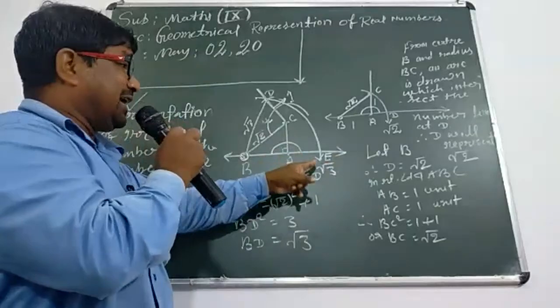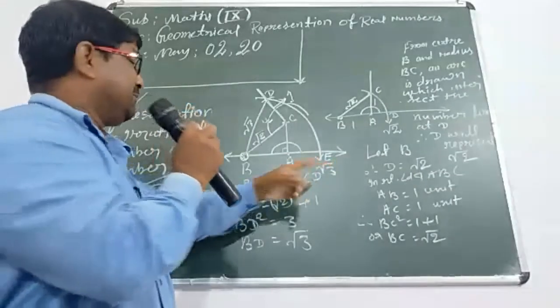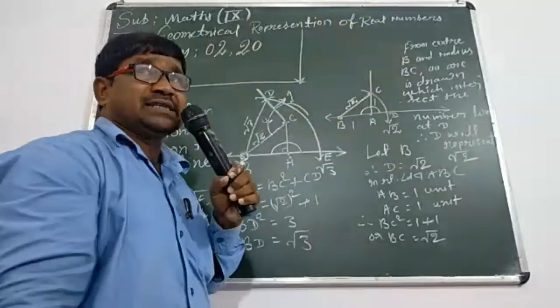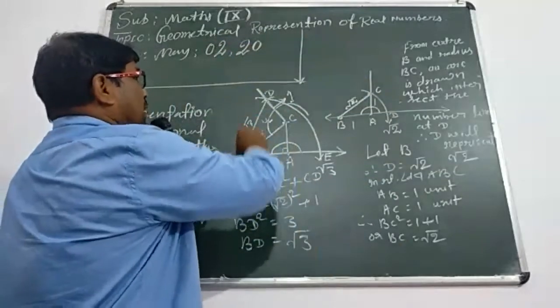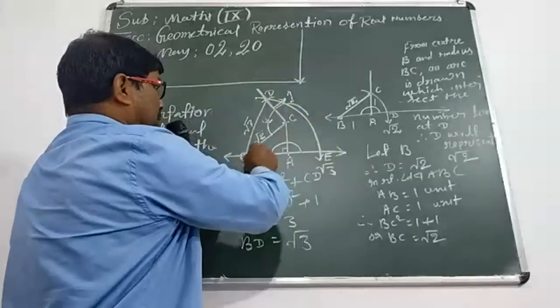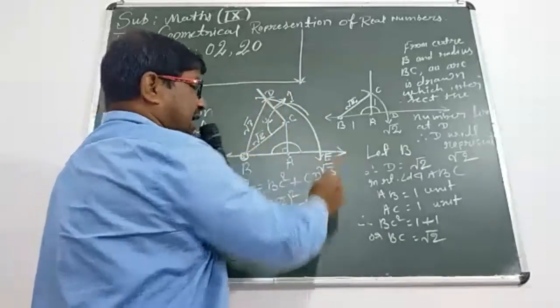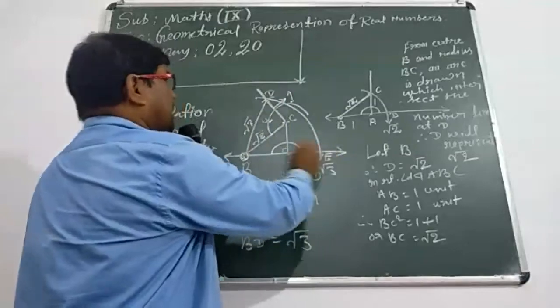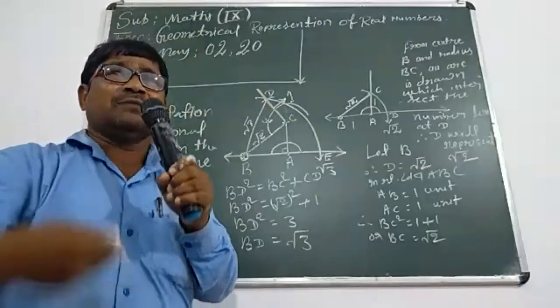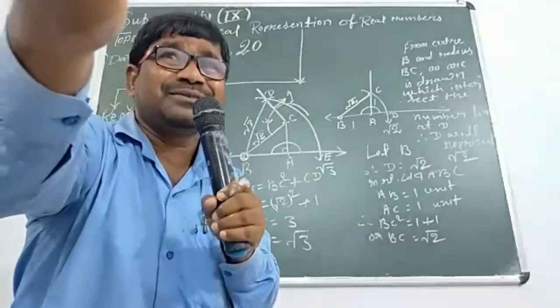So E will represent under root 3 on the number line. Why will E represent under root 3? Because BD is the radius and one circular arc is drawn by you. So BD equal to BE, or BE equal to BD, because they are the radii of the same circle.